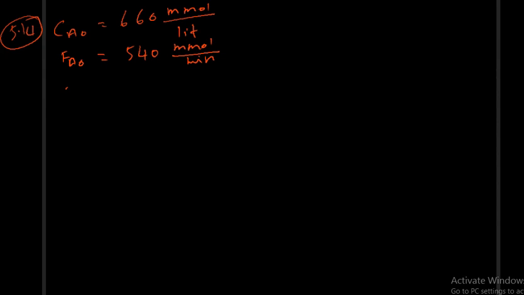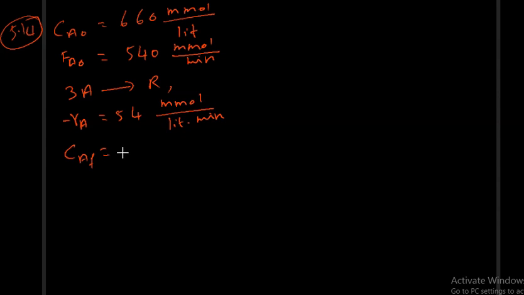What is the stoichiometric equation given? 3A gives rise to R. This is my reaction. And the rate of reaction, -RA, is equal to 54 millimole per liter minute. So what is CAf? We need to calculate the volume of the plug flow reactor, with the exit concentration 330 millimole per liter.